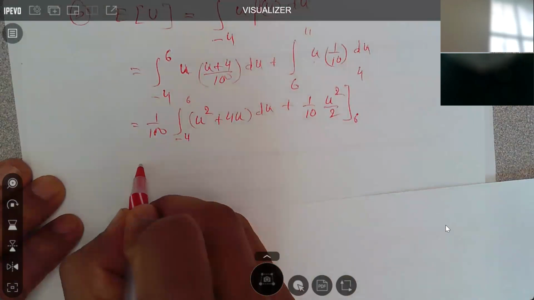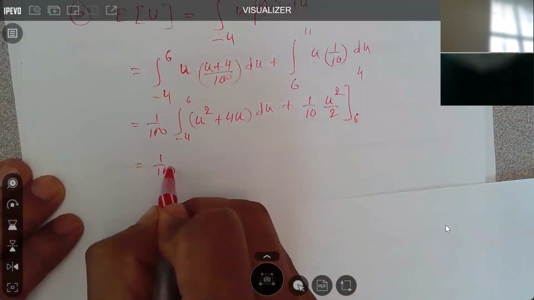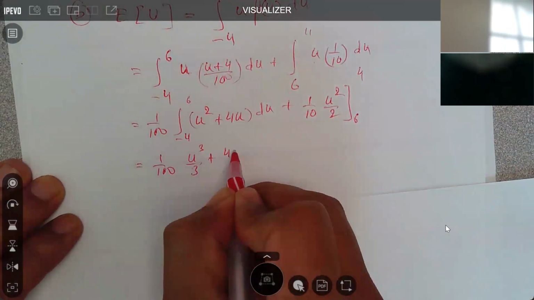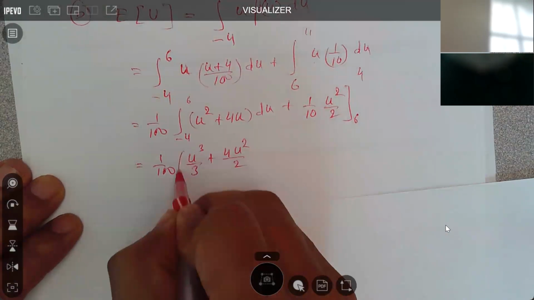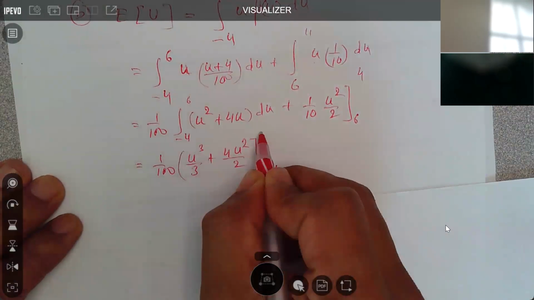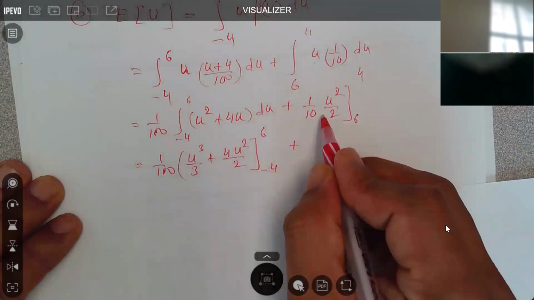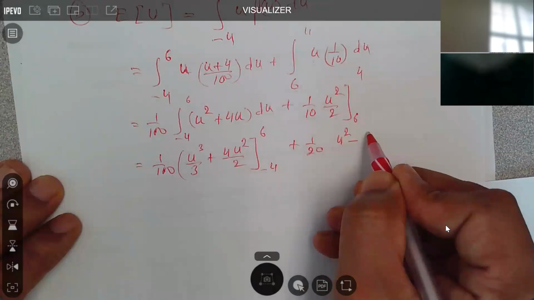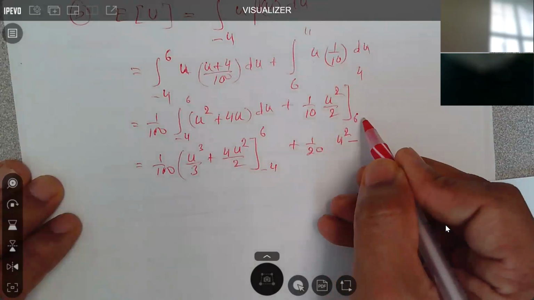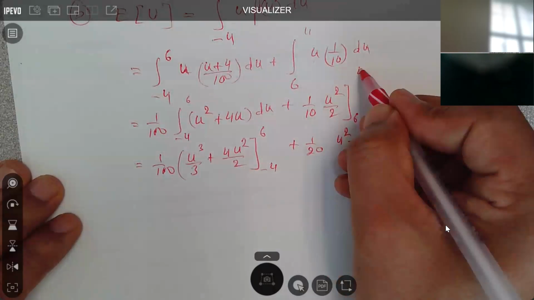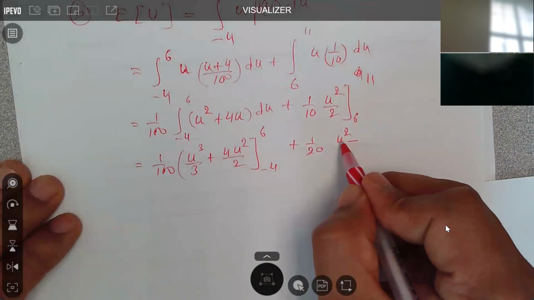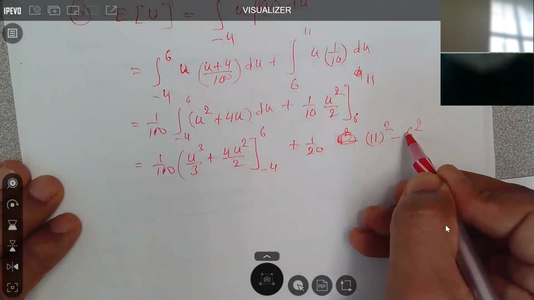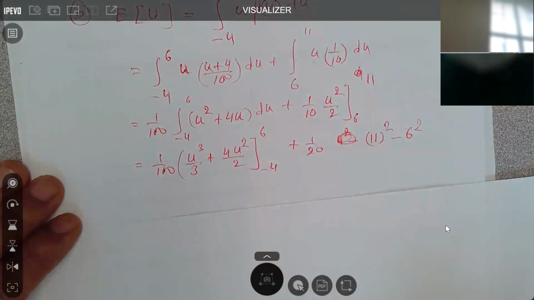Now you just do the integration here: 1/100 times (u cube over 3 plus 4u square over 2), plug in -4 to 6, plus 1/20 times (11 square minus 6 square).